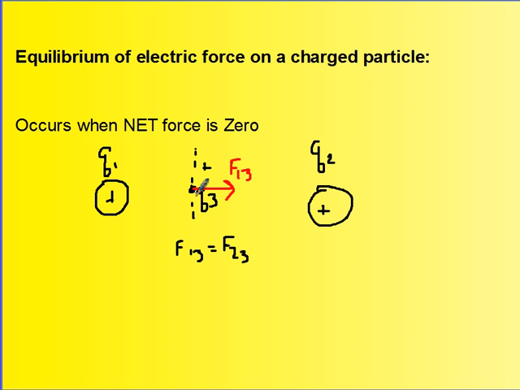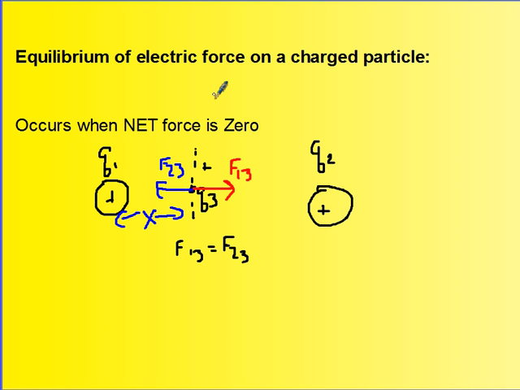Well, I'm going to put my pencil here because this is what it is acting on. 2 and 3 are both positive, so 2 is going to push 3 away. So this is the force of 2 on 3. So we see there will be some point, we'll call it x, where the force of 1 on 3 is equal and opposite to the force of 2 on 3, where they're equal.